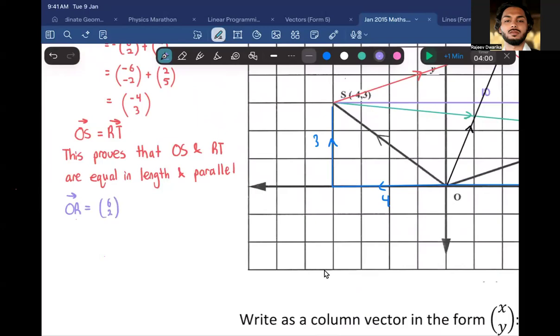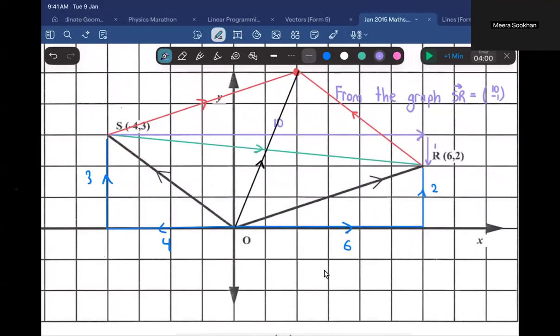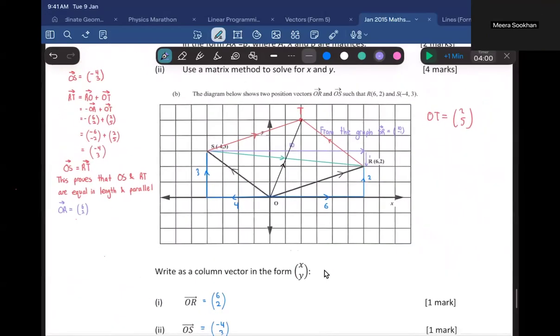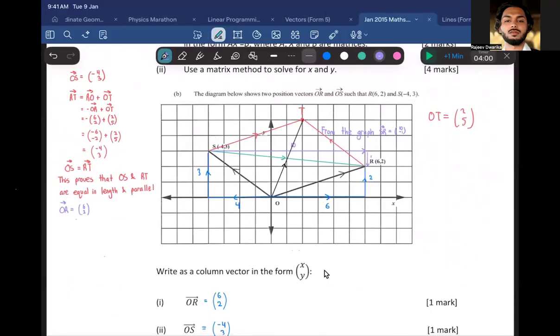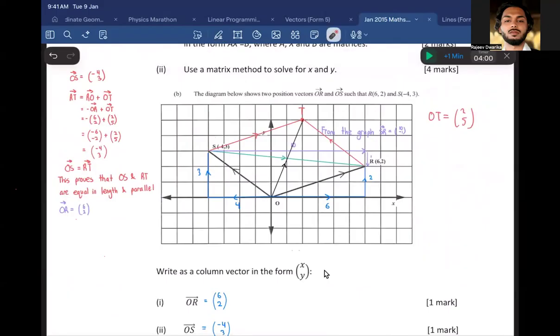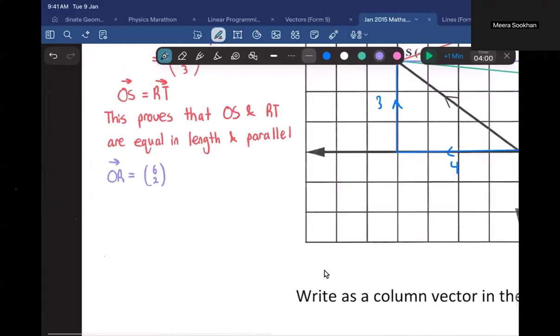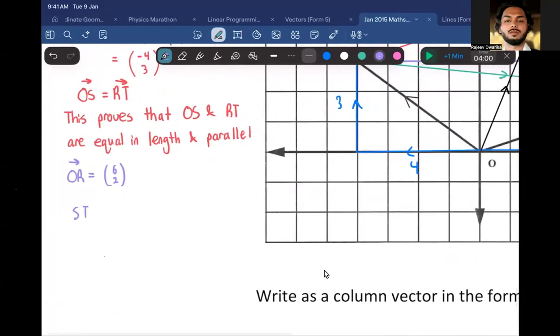Now, Mira, what I'm saying is if this is a parallelogram, then vector O to R should be the same thing as what other vector? S to T. Yep. So we need to prove that S to T is also 6, 2. That's what we need to prove.